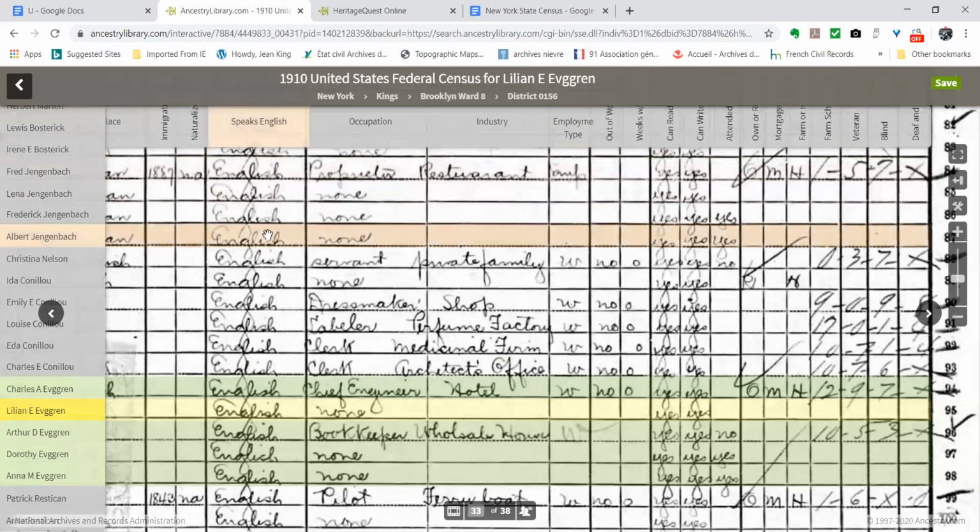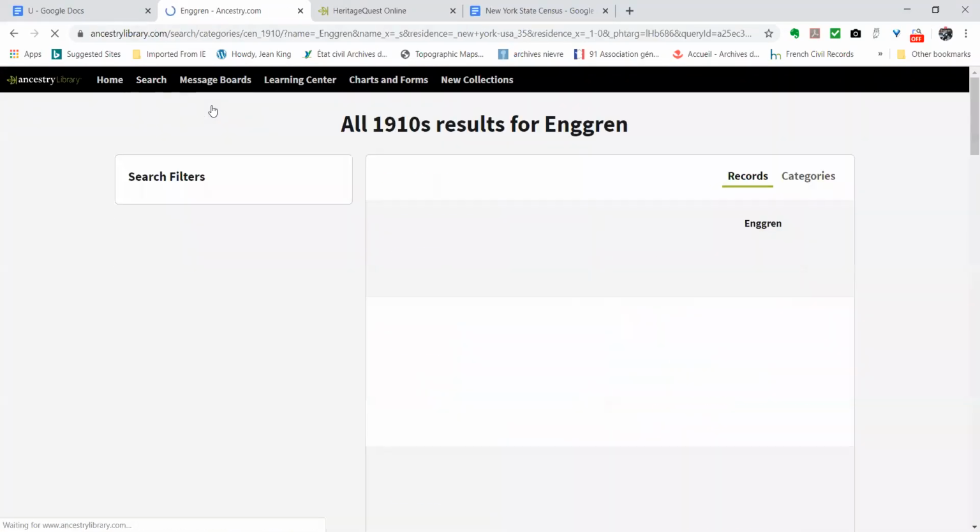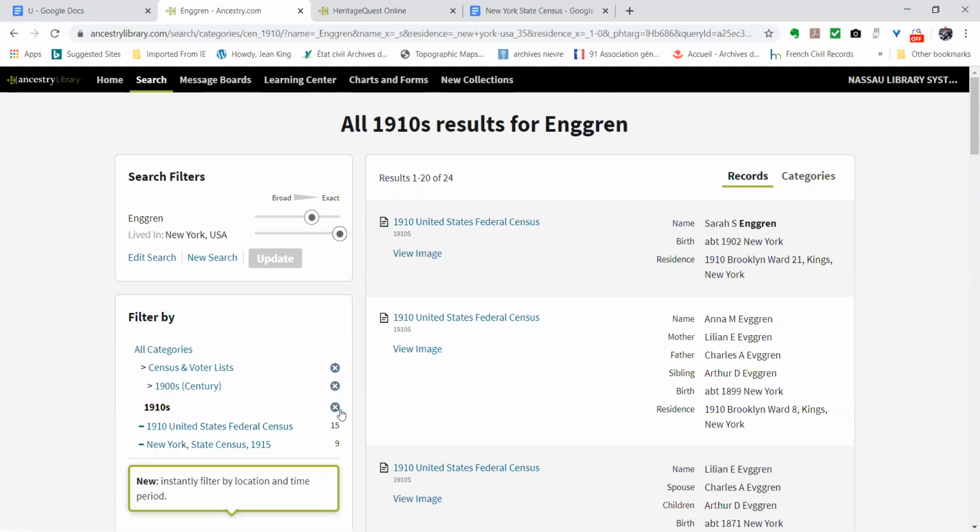So there's so many more questions on this census than there were even going back to say like 1880. You get a much better picture of the life of your relatives in the newer census records.